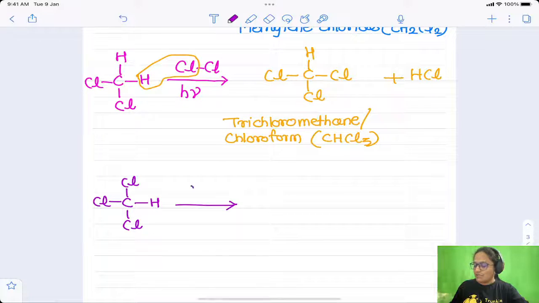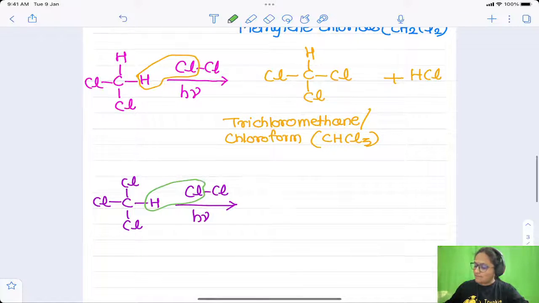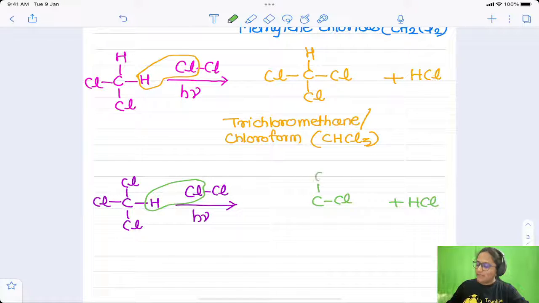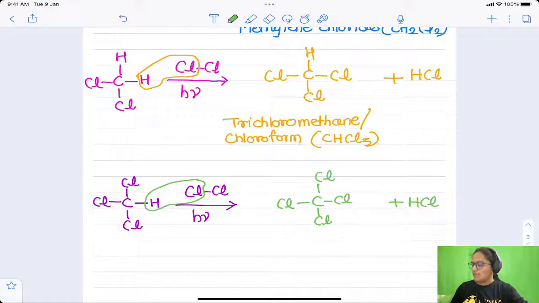If it is further treated with Cl2 in the presence of sunlight, there will be loss of HCl. HCl is a byproduct again, and now all the hydrogen atoms of methane are substituted by chlorine. Can you see? There is no hydrogen atom present in the compound. So this is called tetrachloromethane. Tetrachloromethane is the IUPAC name.